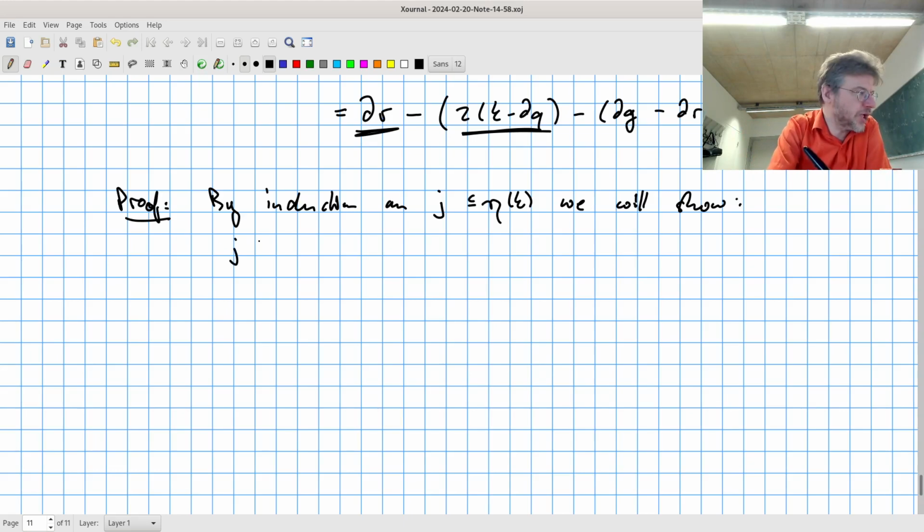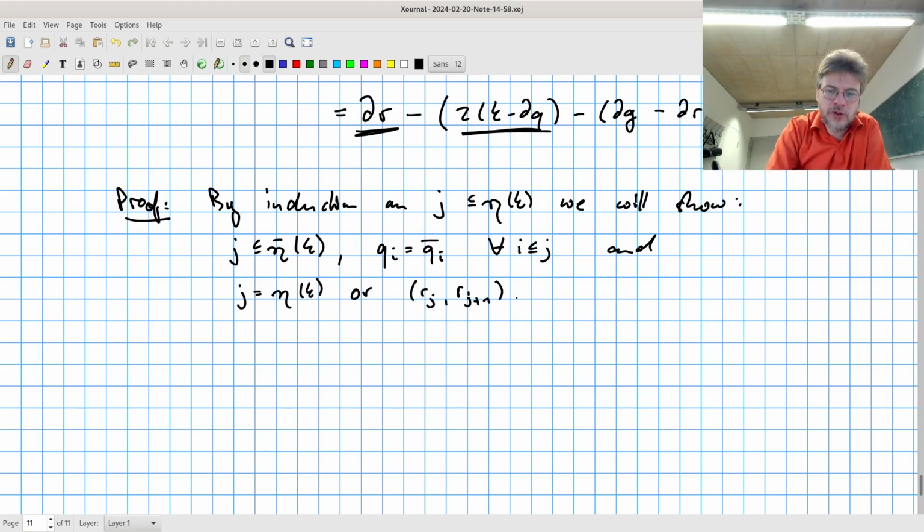First, j is less than eta bar of k, and qi is equal to qi bar for all i up to j, and j is equal to eta of k, or rj plus 1 coincides up to 2k minus the sum from 1 to j of the degree of qi with rj bar and rj plus 1 bar.